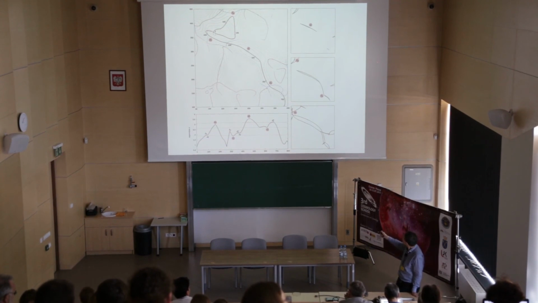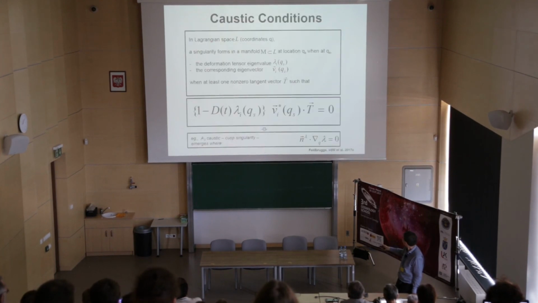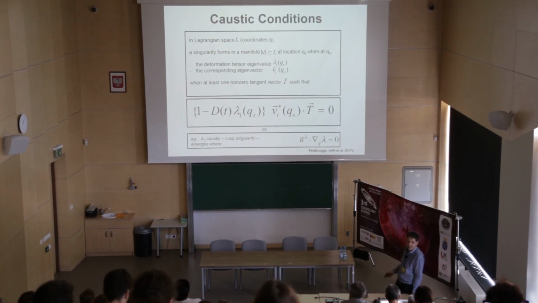So here you see basically the field, the contours are basically the deformation values, and on there you can identify where the different structures are forming. And so Job basically derived the condition. And the condition turned out not only to depend on the eigenvalue, but also on the eigenvector.